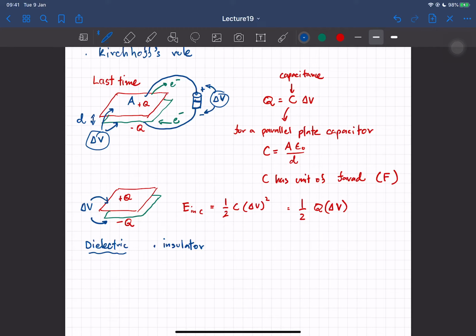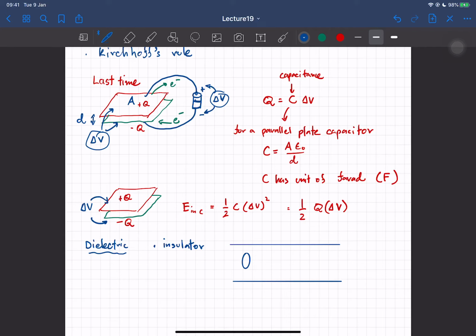So let's say I have a sheet of dielectric here. It's not a conductor, so you can probably guess that it's not metal. But inside this dielectric, we have a lot of molecules which look like what we call a dipole.